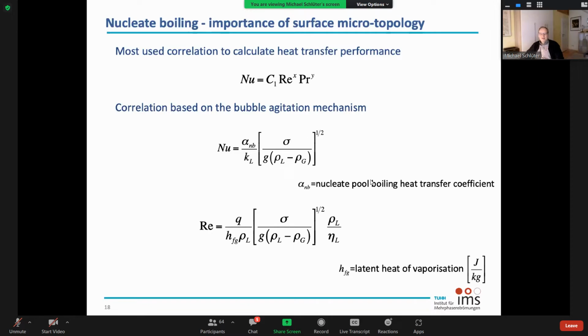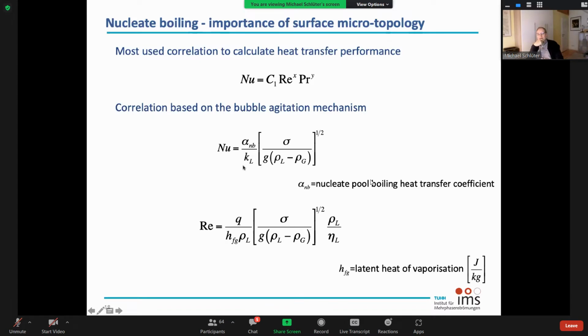So now we can try to get this a little bit more in detail, because we know already that the Reynolds number here depends on our nucleation at the pool boiling situation. So therefore, we can exchange this Reynolds number by the equation we saw before that takes into account this situation, the buoyancy force.